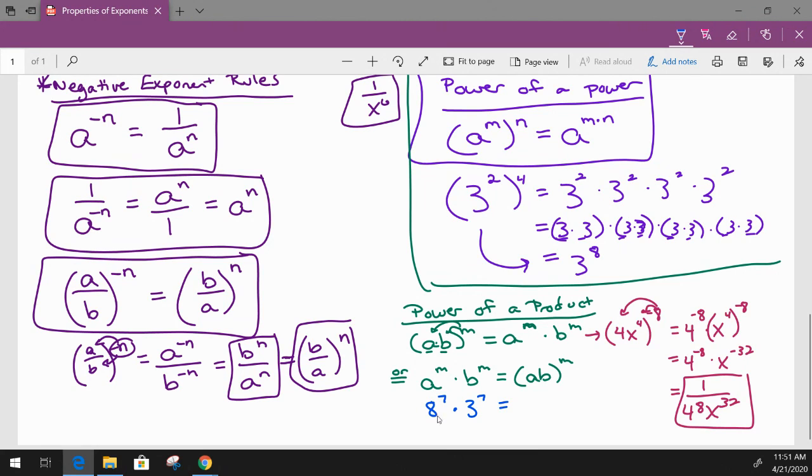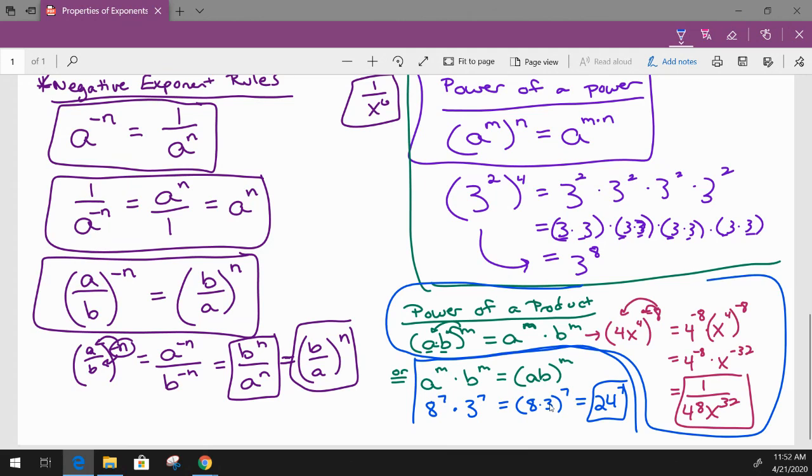Well, because the 8 and the 3 both have an exponent of 7, you can multiply the 8 and 3 together and then write that to the 7th power. So 8 times 3 then would be 24 to the 7th power. So that's just an example of using the rule kind of backwards. But that is an important process also.